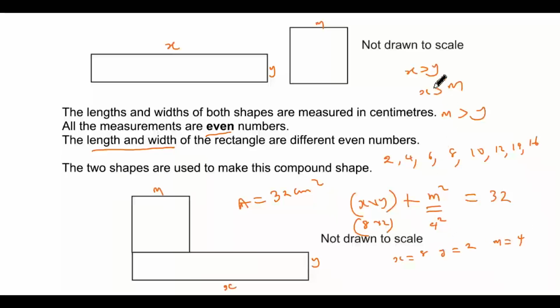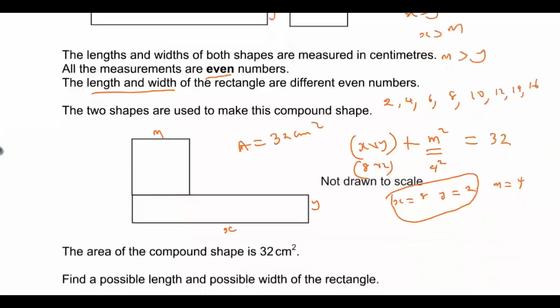You can see that x is greater than m, x is greater than y, and m is greater than 2. So the possible values of the length and the width of the rectangle will be 2 and 8 respectively.